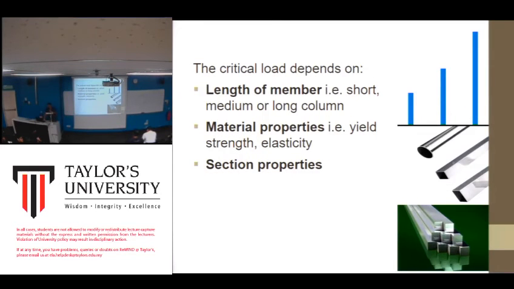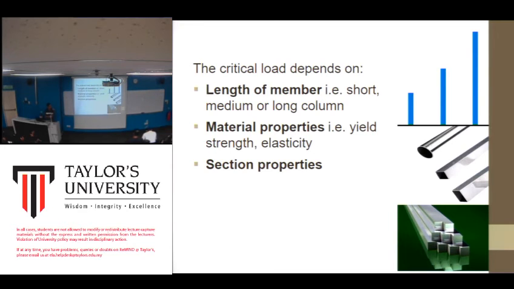Okay, the critical load depends on these three things. The first one is the length of the member, whether it's a short, medium, or long column. Normally, a short column would have a higher critical load.